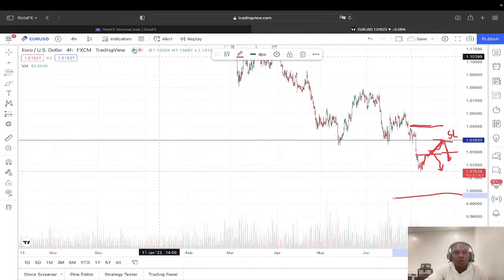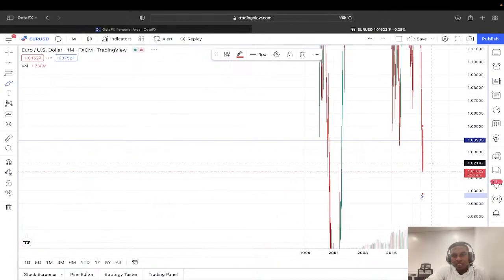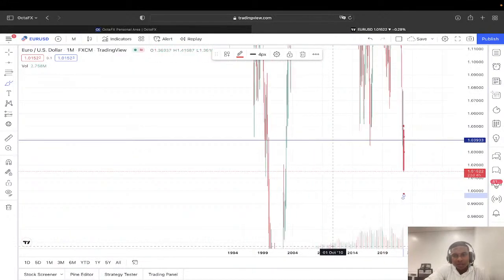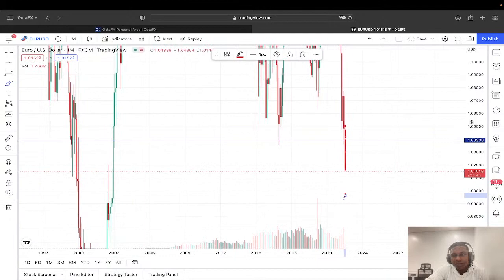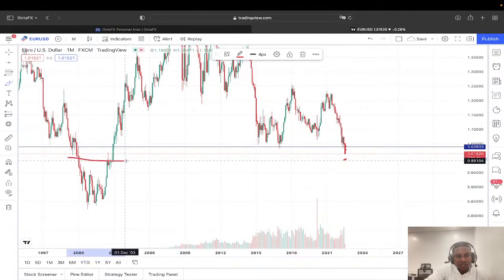That's when you look at the monthly time frame. Good. When you look at the monthly time frame, it's okay if your take profit is on the same level here.